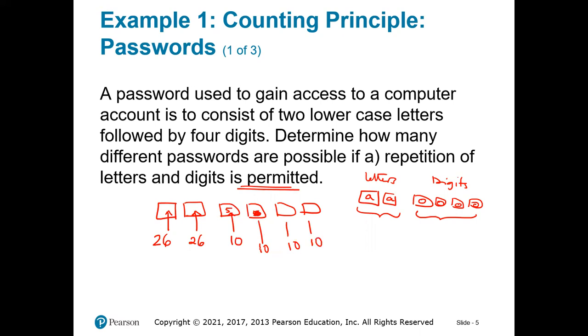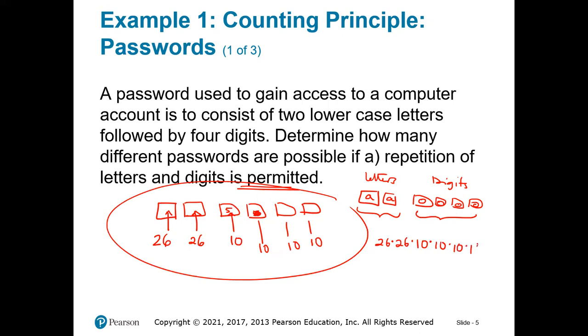So in how many ways can you do the whole password? Because of the fundamental principle of counting, it is going to be 26 times 26 times 10 times 10 times 10 times 10. This is the number of passwords that you are going to get.